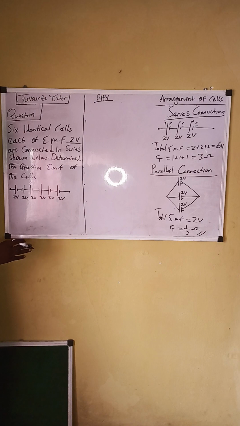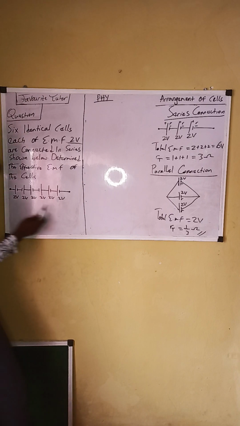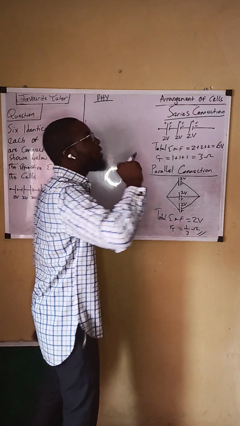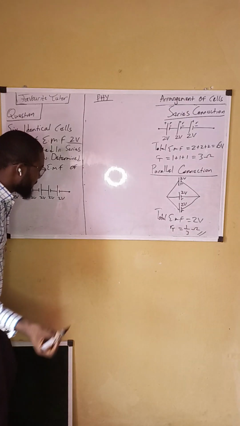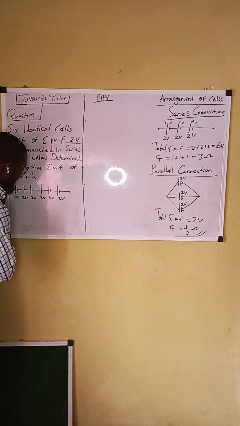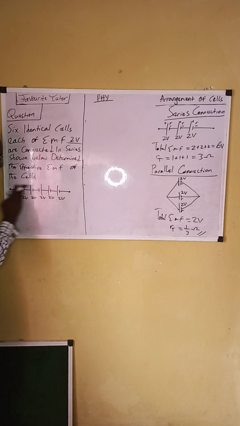Okay. So remember, in series connection, the positive terminal of one is connected to the negative terminal of another. So we are going to check if this connection is correct. We have a positive terminal, a negative terminal again. So therefore, this is cancelled out.